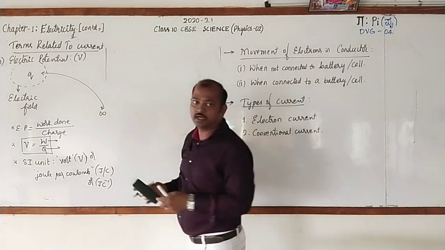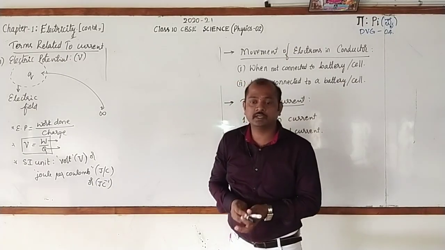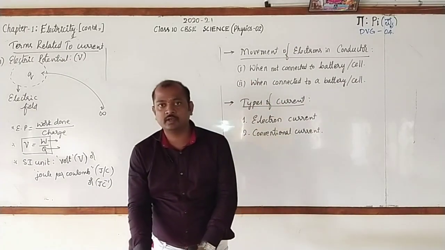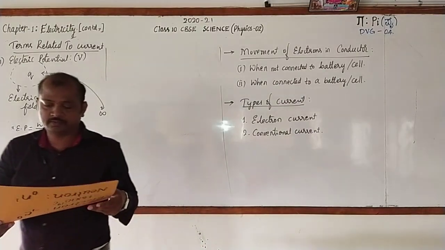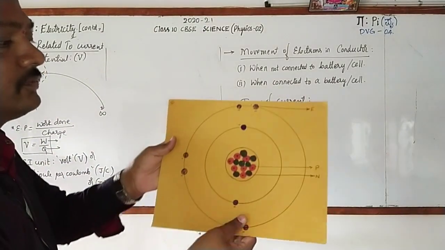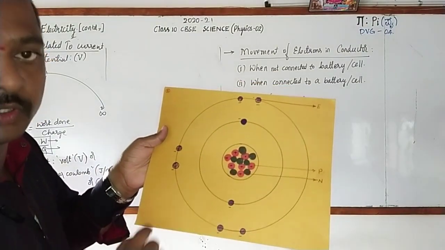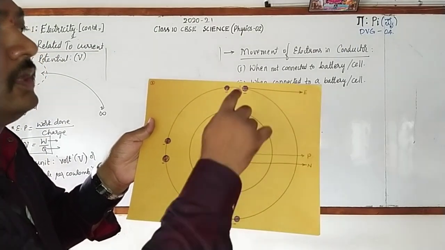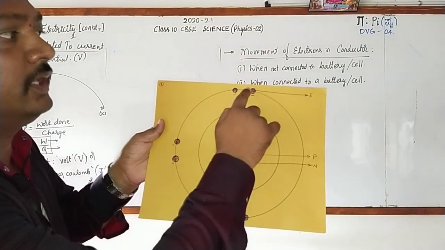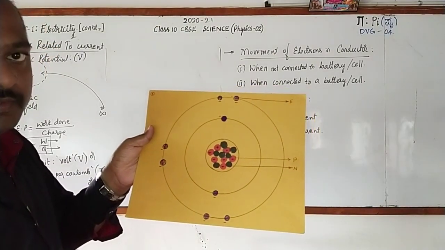Whether it is at high potential or low potential. To understand that, we have to recall what we learned yesterday. We learnt about the structure of an atom. The positively charged particles are protons, which are in the nucleus. Negatively charged particles are electrons, which are revolving around the nucleus in different orbits.